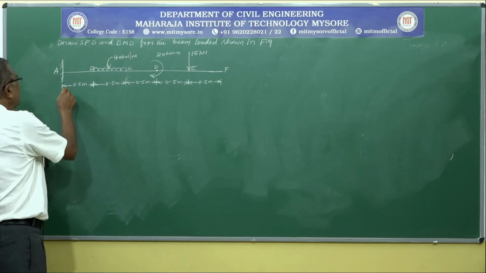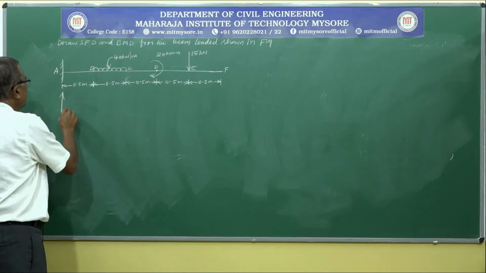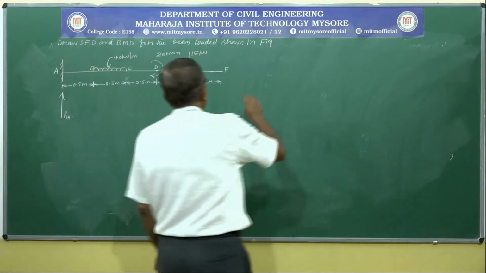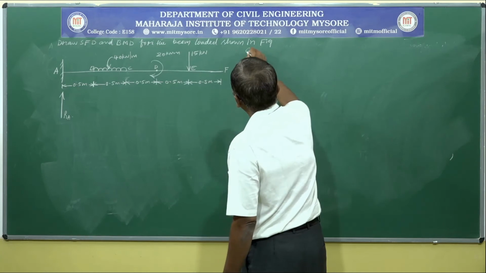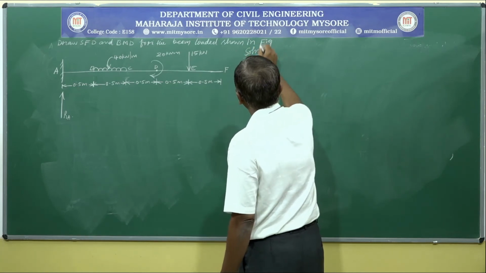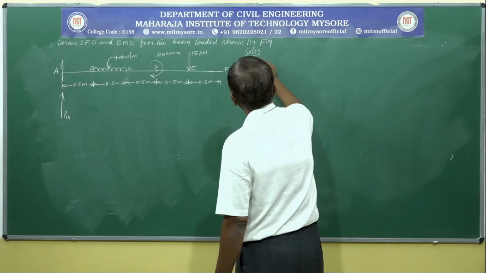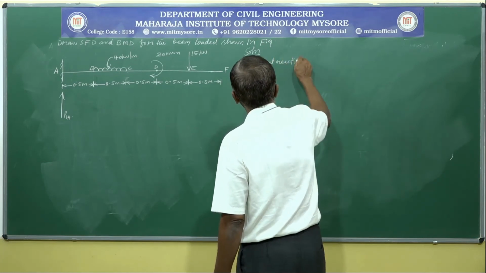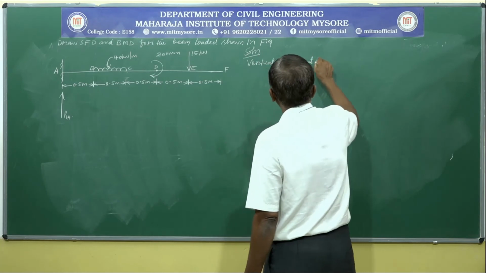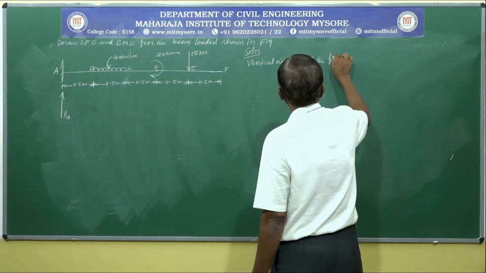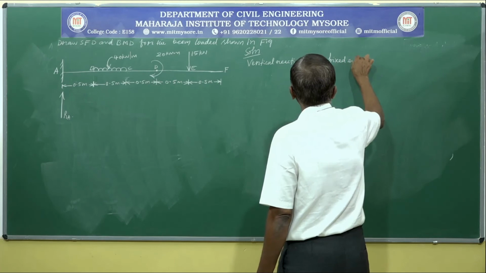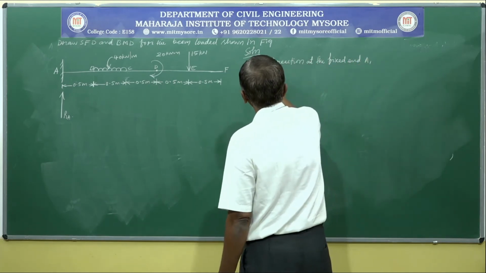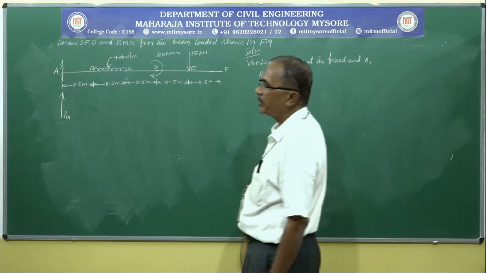calculate the vertical reaction at the fixed support A, let it be RA. Directly we can write: vertical reaction at the fixed end A, RA, is equal to the total load coming on the beam, only loads.